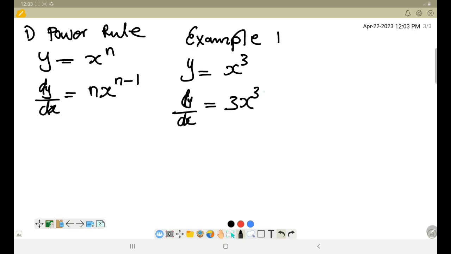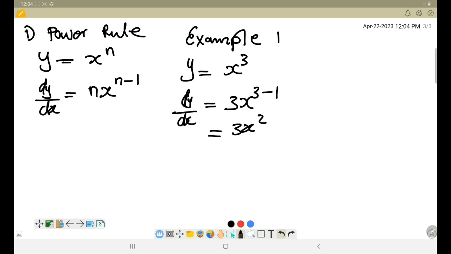Then our exponent is n, so it's 3 minus 1, which simplifies to 3x squared. As you carry on and solve a lot of problems, you won't have to write this step of saying 3 minus 1, because you already know that is 2.